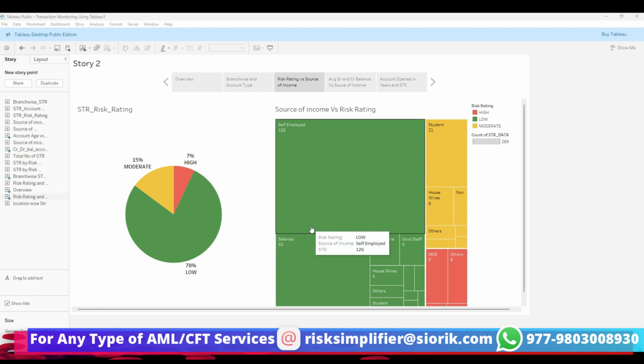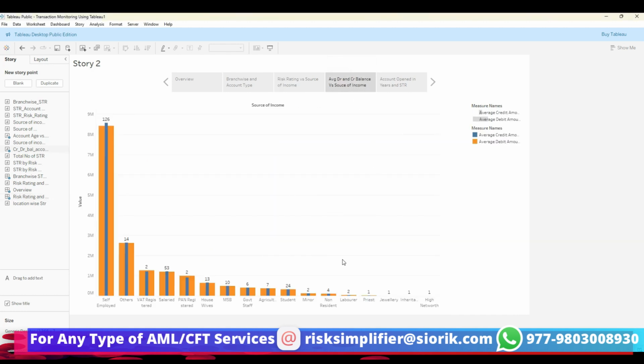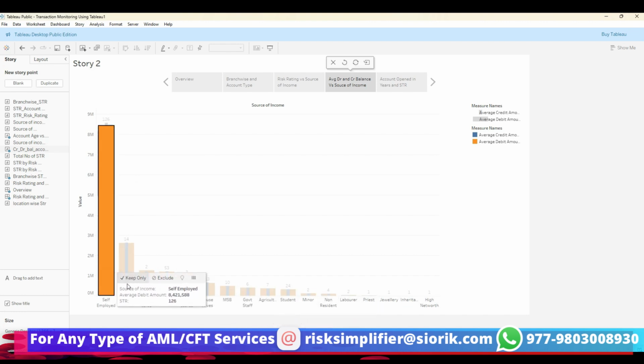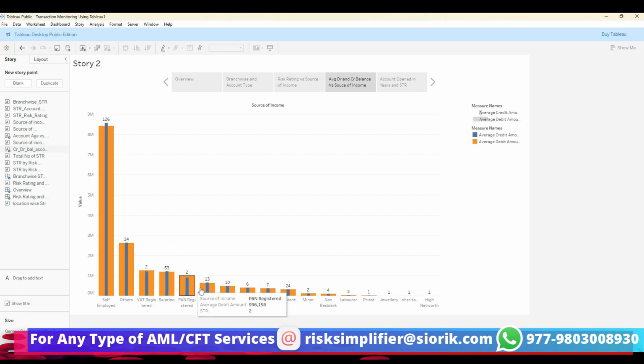Now let's break this down further. In this chart, we can see that for self-employed and salaried, we have a huge volume of transactions, that is, average credit amount and debit amount. And when you look at the overall trend, you can see that in retail accounts, we are filing more STRs than corporate accounts.